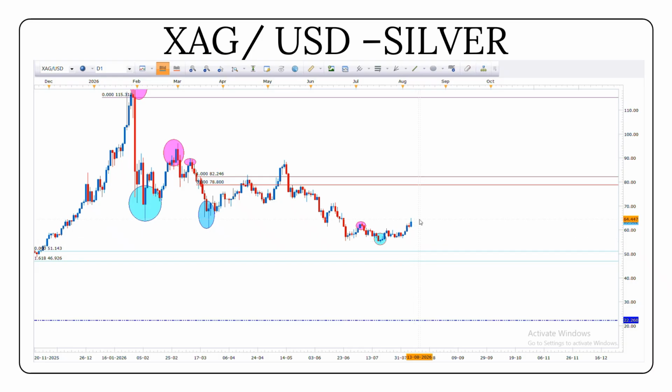So that's the range that silver could be trading in if it doesn't find any strength or any weakness from the geopolitical or the economic news that comes out next week.